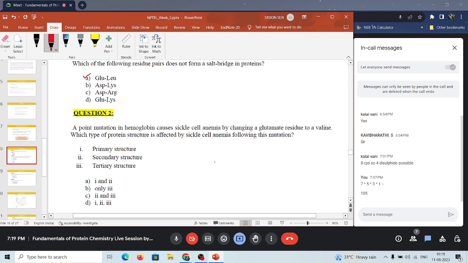So what kind of abnormalities do you observe in the protein structure because of sickle cell anemia? Or what particular protein structure is getting affected because of this?